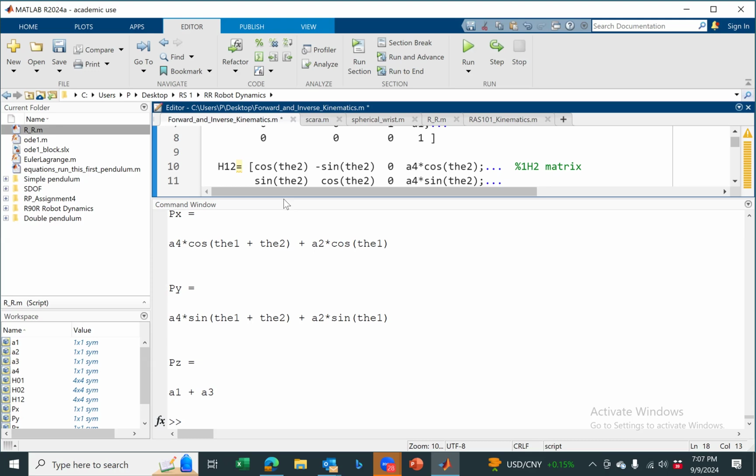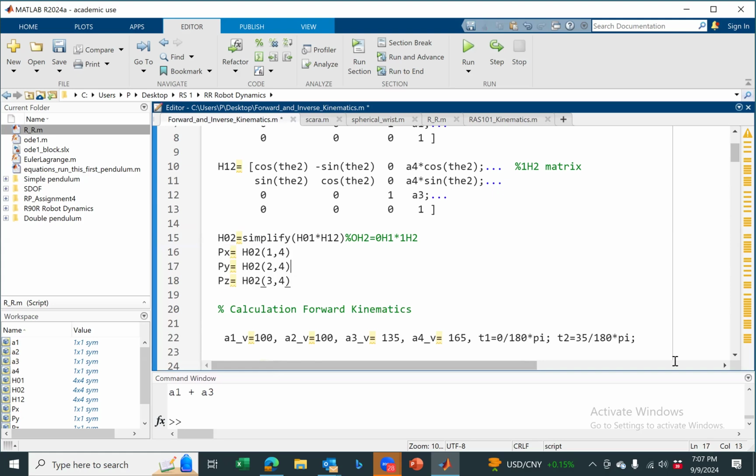Once again, forward kinematics problem will have a unique solution. The inverse kinematics problem may have one solution, may have multiple solutions, or may not have any solution. So when I solve the inverse kinematics problem, I expect lot of solutions to come up. So here is what I'm going to do. Let's go to the next line of the code.